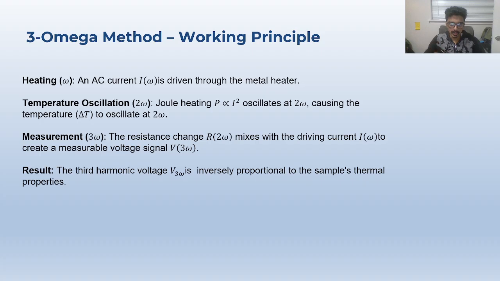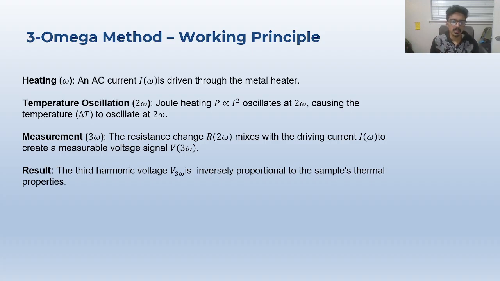This joule heating causes the temperature to oscillate at 2 omega frequency, and then ultimately the resistance R mixes with the driving current I at the frequency omega to create a measurable voltage signal V, which is 3 omega.